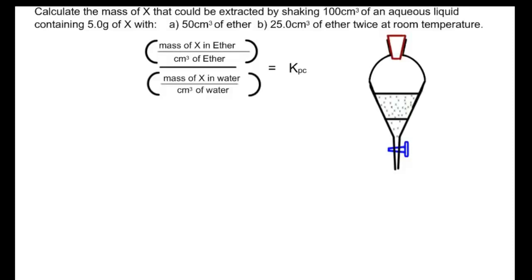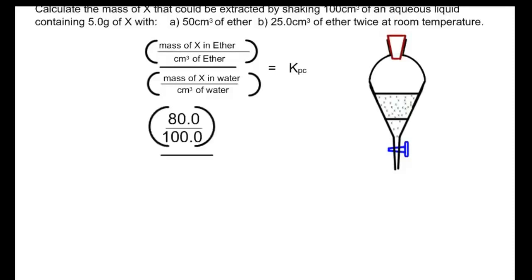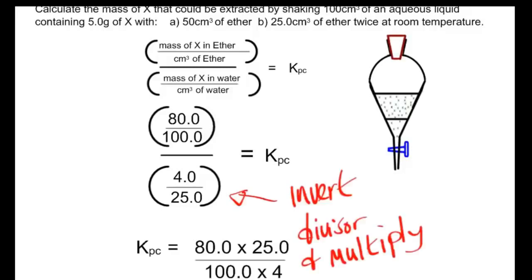So ether appears on the top line here. So you want the mass of X in ether over the volume of ether, and so that's 80 grams over 100 cubic centimeters. And the mass of X in water, 4 grams over the volume of water, 25. So we have a fraction over a fraction, and you'll recall one way of doing this is to invert the divisor and multiply.